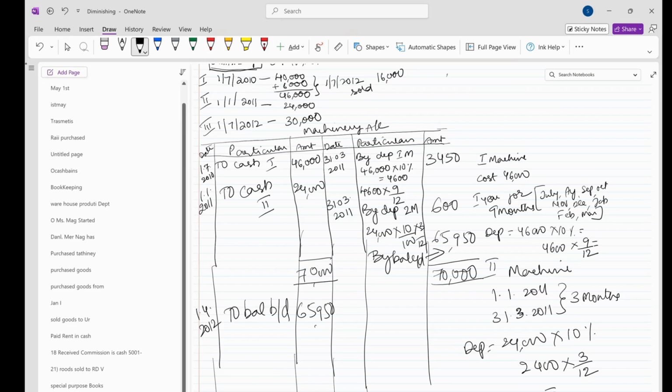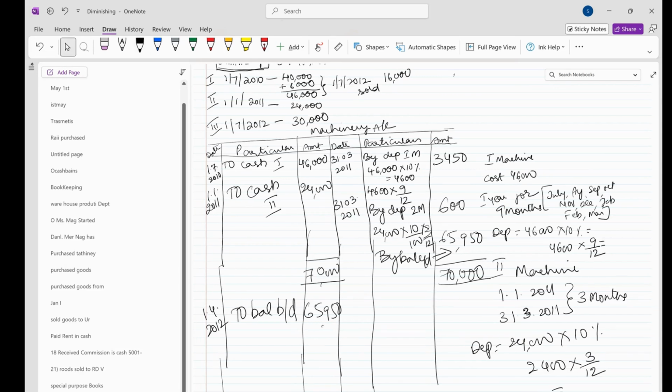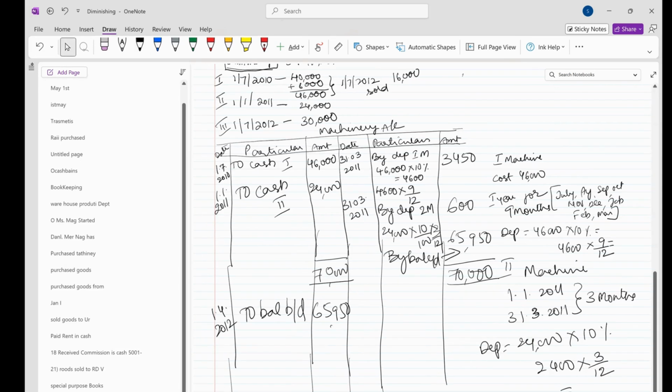Total depreciation is 10%, that means 2,400, but we used it only for 3 months, so 3 months is 600. So balance is 65,950. Till here, have you understood? Yes, ma'am.